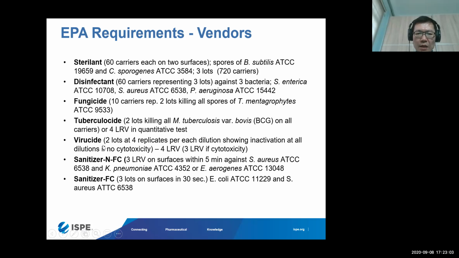There are no specific requirements on the type of virus to be tested, but most will test on a common influenza virus and can also be on the HIV virus. So these are the typical requirements for the EPA regulations that the vendors will need to meet in order to support a label claim.